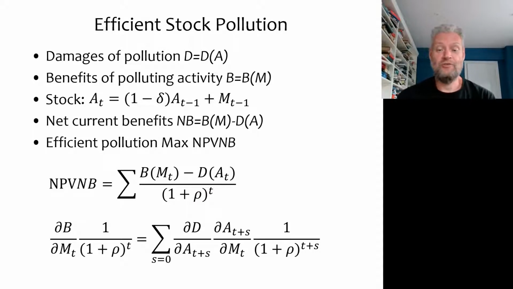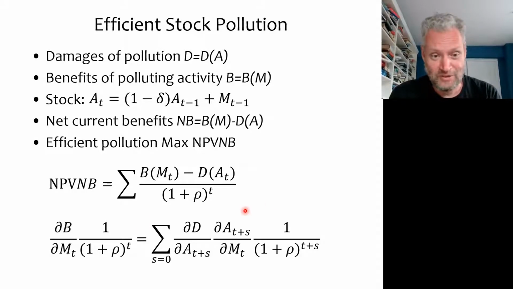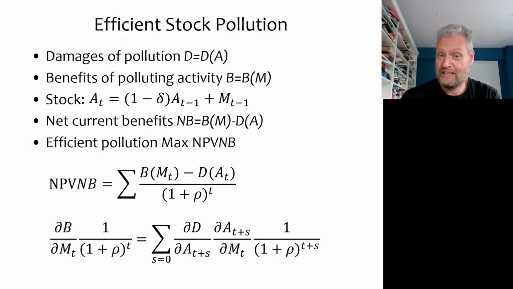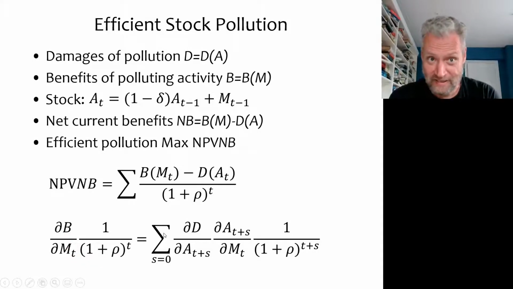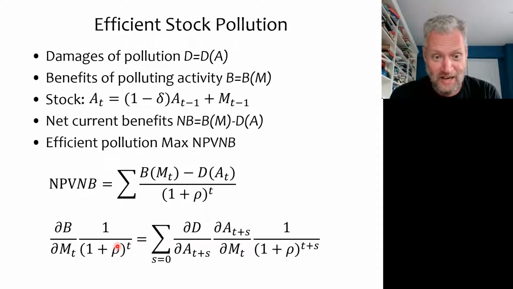The first order conditions for optimality, and there's now multiple conditions, there's now as many first order conditions as we have time periods t, is still that the marginal benefits should equal the marginal cost. So the marginal benefits is the b dm t, and that is evaluated at time t, so that needs to be discounted with a discount factor 1 over 1 plus rho to the power t, right?